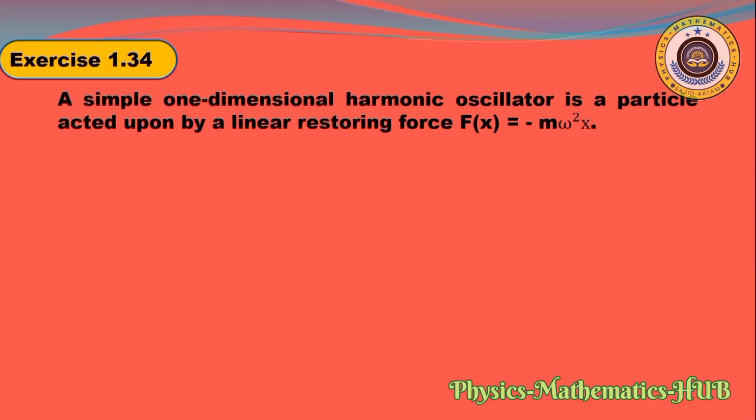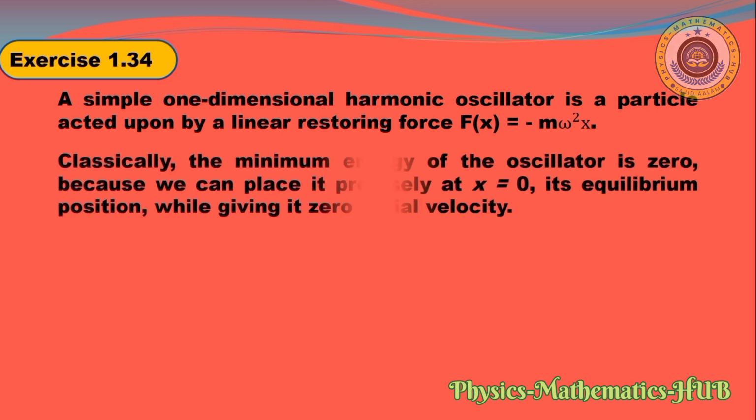A simple one-dimensional harmonic oscillator is a particle acted upon by a linear restoring force F(x) equal to minus m omega square x. Classically, the minimum energy of the oscillator is zero because we can place it precisely at x equal to 0, its equilibrium position, while giving it zero initial velocity.